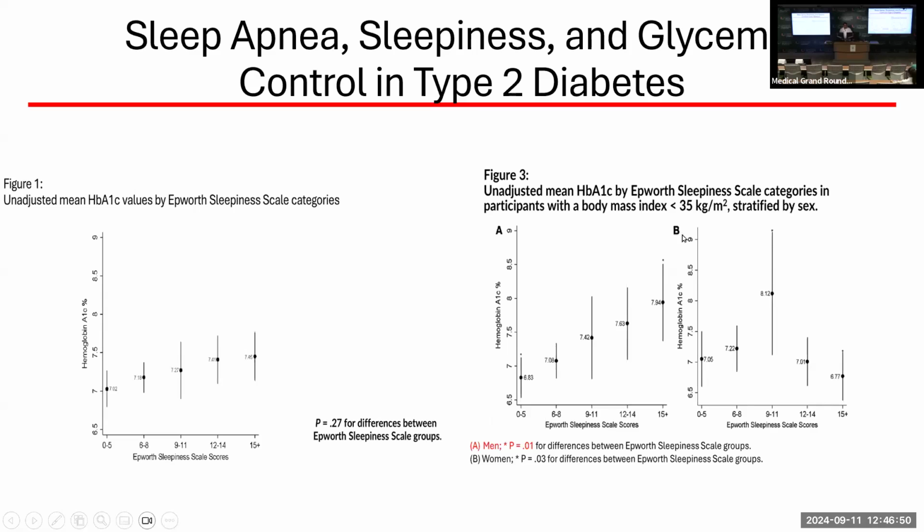However, when they were stratified by BMI and by sex, you can see that in men there was a dose-dependent increase in the A1c based on the quintile of Epworth sleepiness score the patient was in. So in men with a BMI of less than 35, sleepiness does contribute to increased A1c levels.